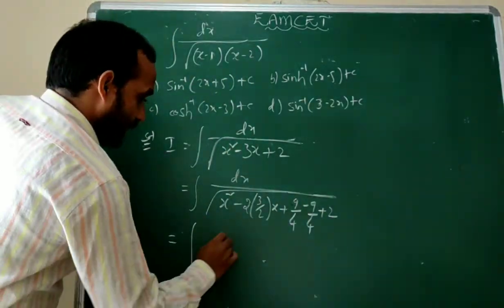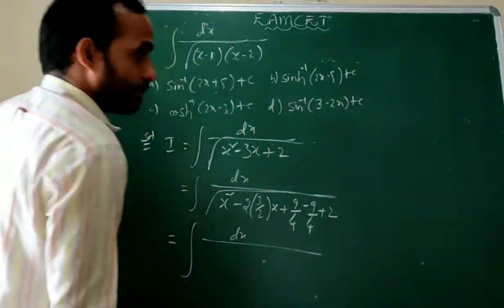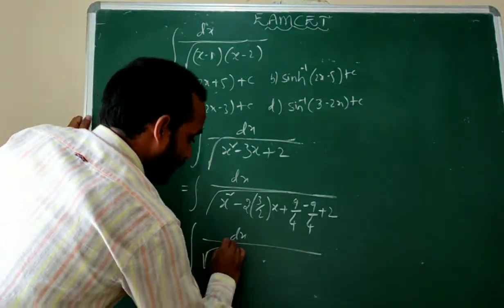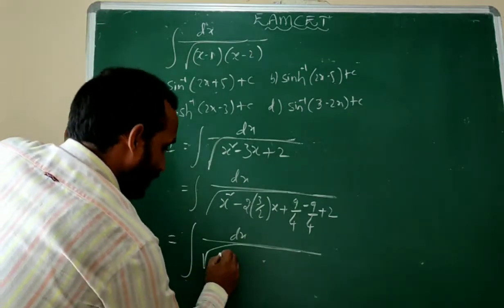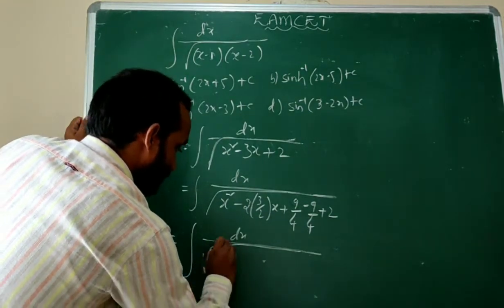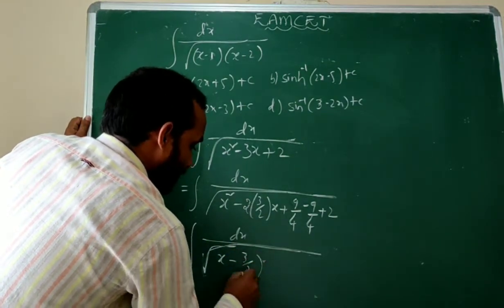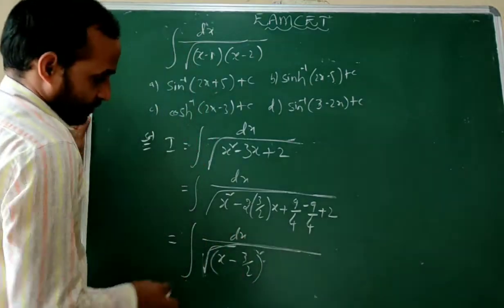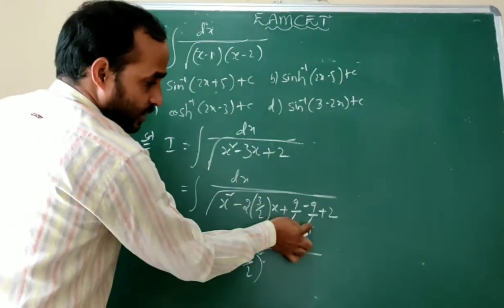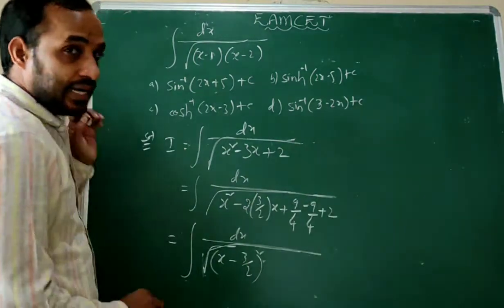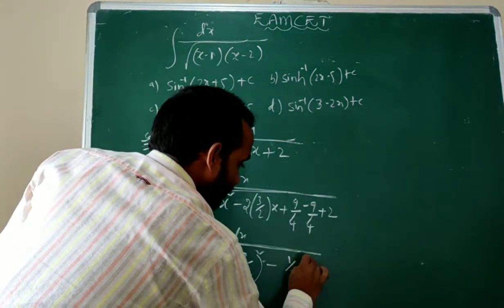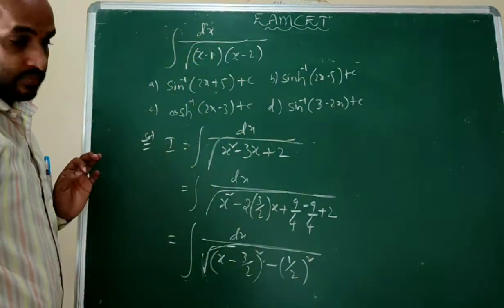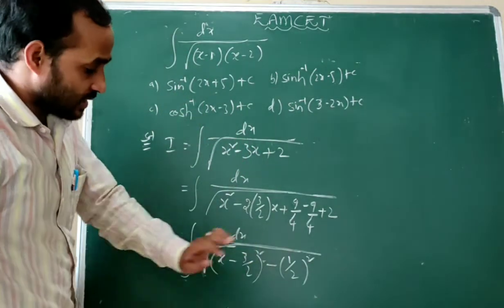That is equal to integrating dx divided by under root of x minus 3 by 2 whole square, then 2 fours are 8, plus 8 minus 9 means minus 1 by 2 whole square. So that is the x square minus a square formula.